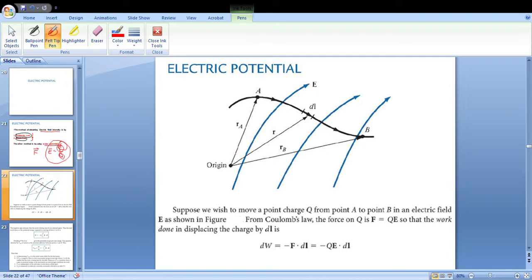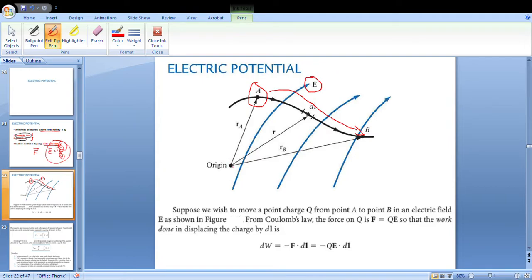Now, this is the origin. Assume there was one charge at A, some charge of q coulombs at A. Now, we are trying to move this charge from A to B in the presence of this electric field. I'll repeat again. There is some electric field present, which is E vector, right?